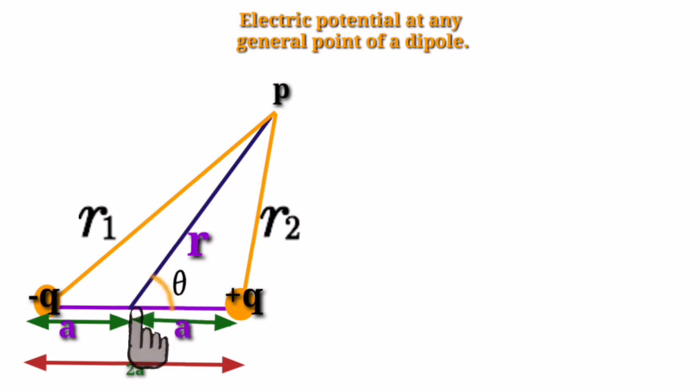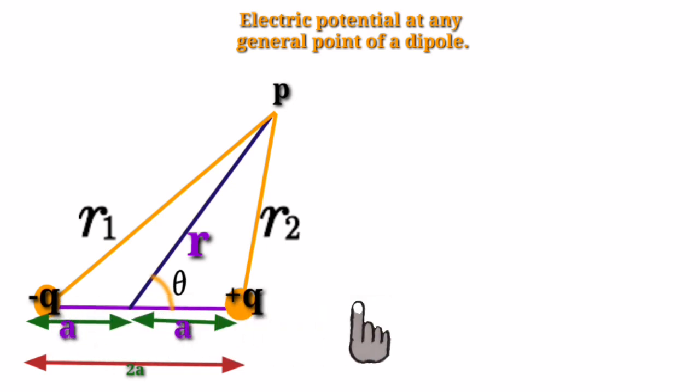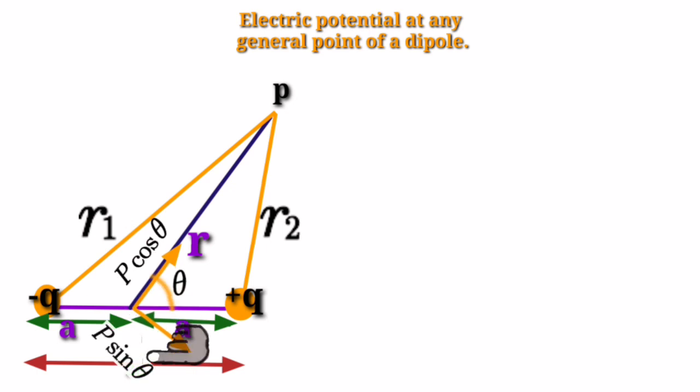We know that the direction of dipole moment is from negative charge to positive charge. Therefore, it has two components. One is along the line joining and another is perpendicular to the line joining. Therefore, the component of dipole moment along the line joining is p cos theta and perpendicular to the line joining is p sin theta.